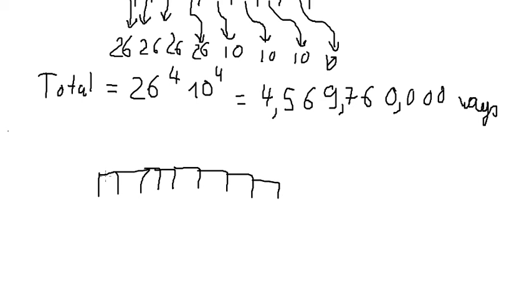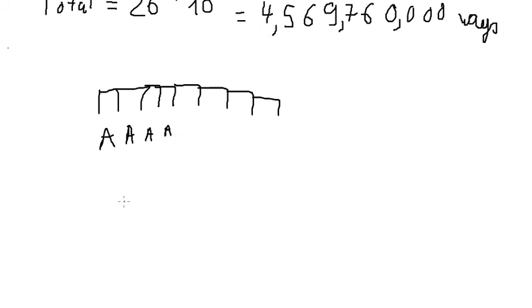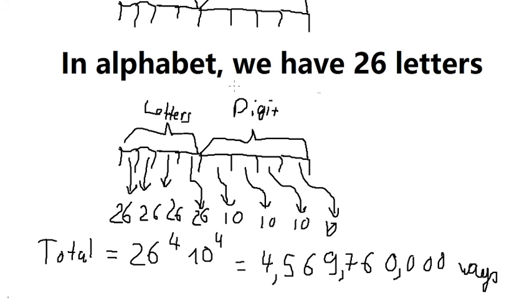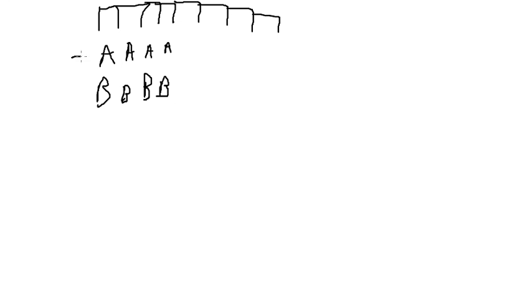That means for the first one in here, you get A, then we have B. So we know that in the alphabet we have 26 letters. So from A to Z, you get 26 ways in here.